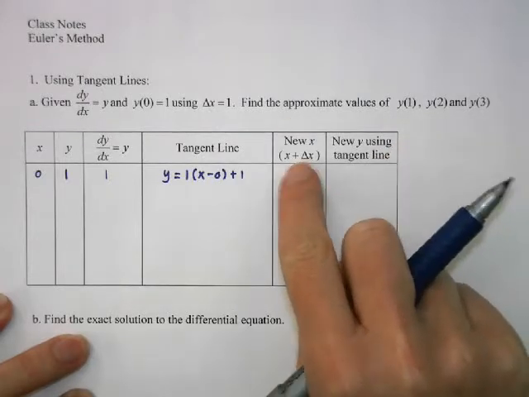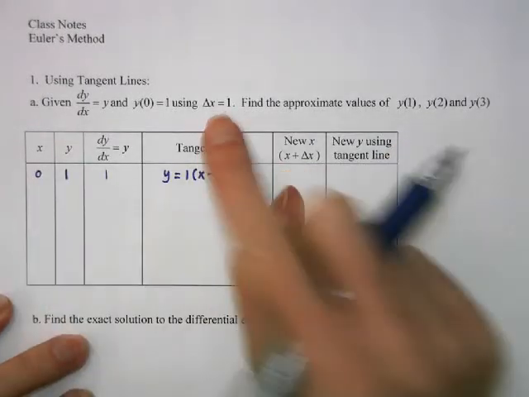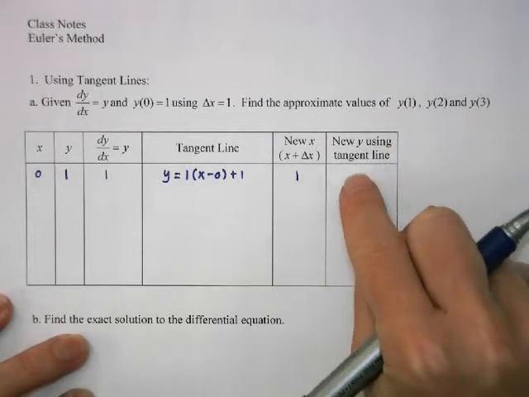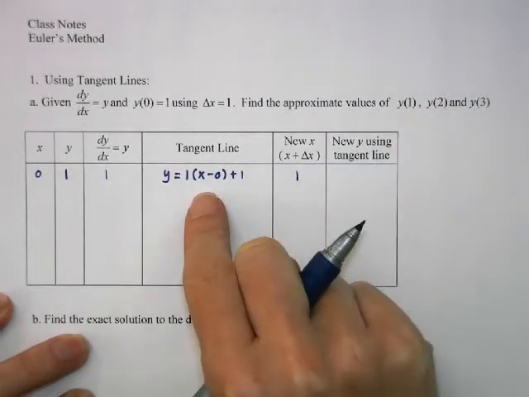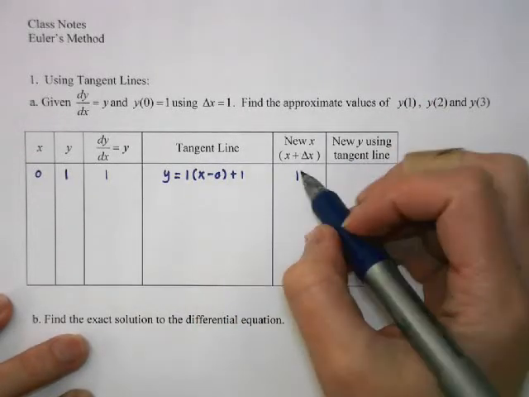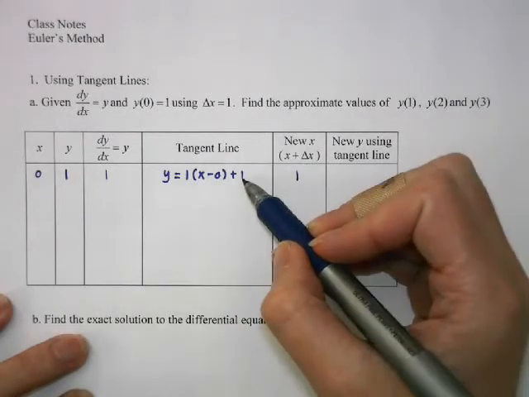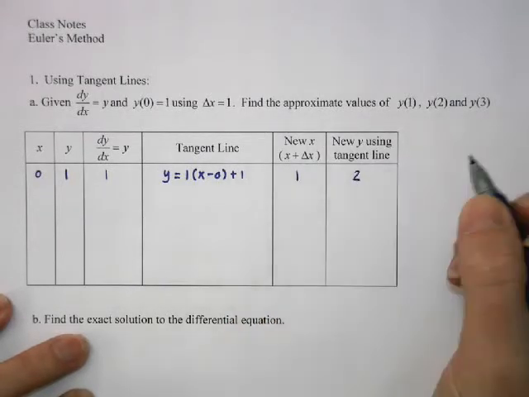Okay, my new x value, we're starting at 0 and I'm going up by 1, so my new x is going to be 1. My new y I'm going to get by using the tangent line. Okay, so I'll plug 1 into this equation. So we're going to have 1 times 1, which is 1, plus 1 gives me 2.